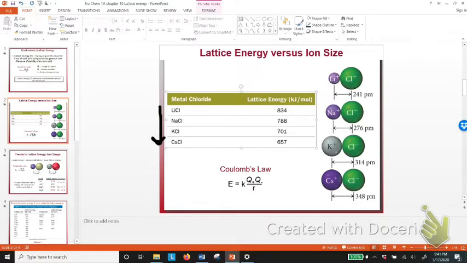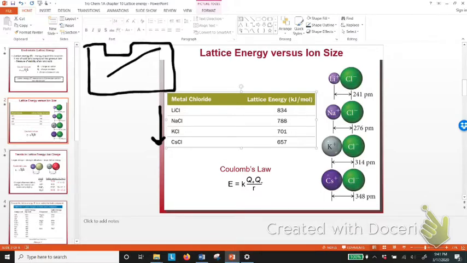Remember, we talked about the trends in the last chapter. The atomic size increases as you go to the lower left-hand corner of the periodic table. So as you're going down the column, the size is increasing, so the size is increasing as we go down this list.